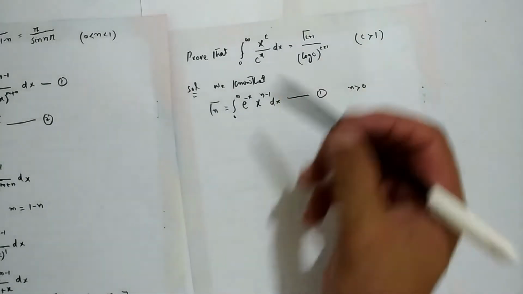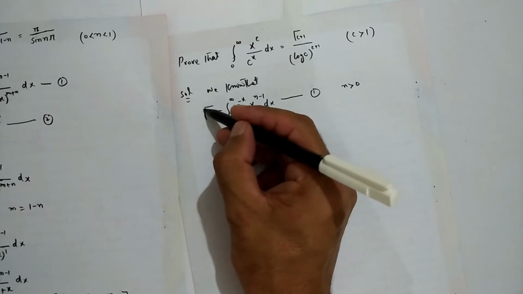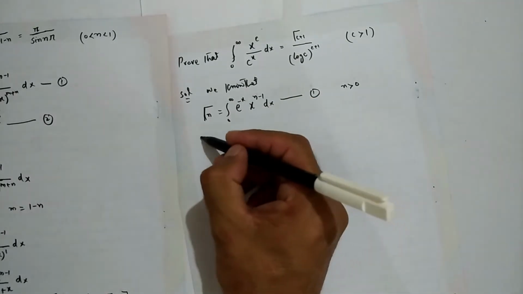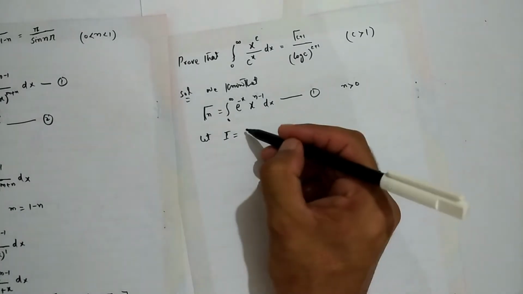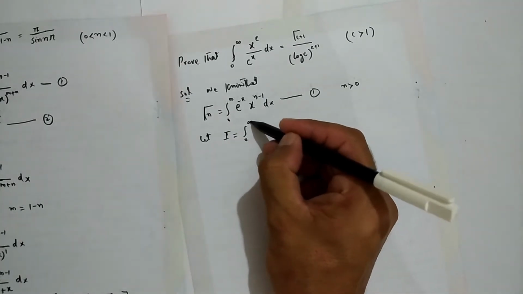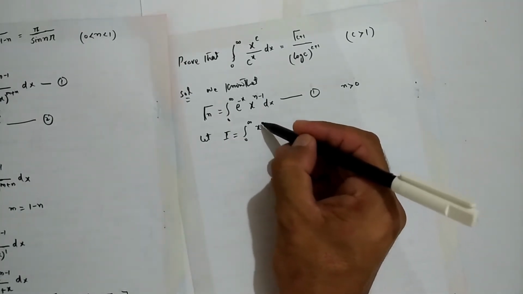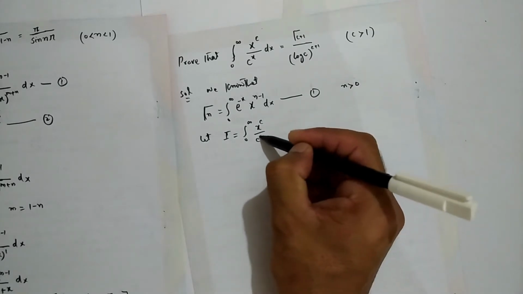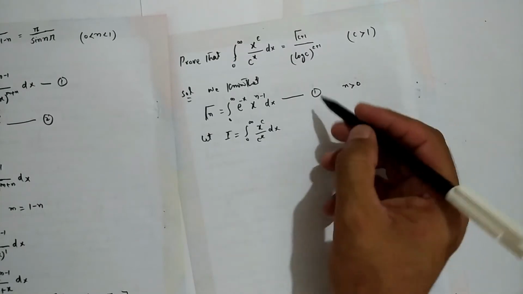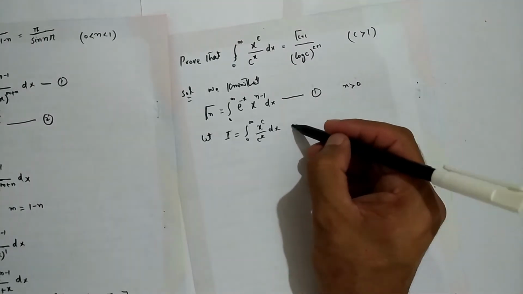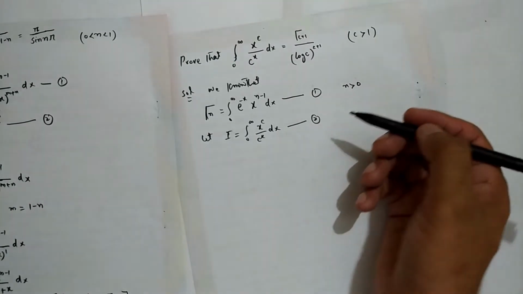Let, for the above integral, I be equal to integral from 0 to infinity x to the power c divided by c to the power x into dx. This is equation number 2.